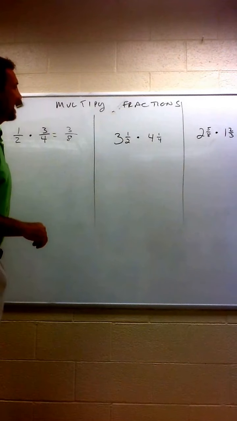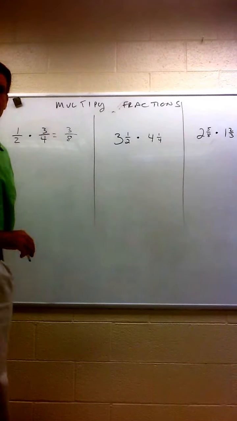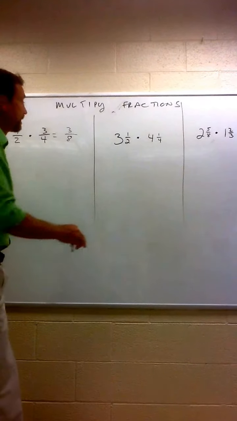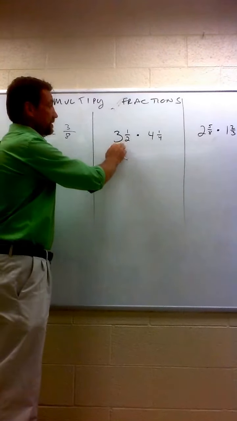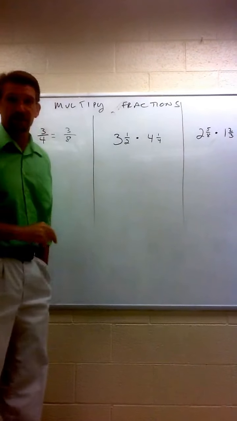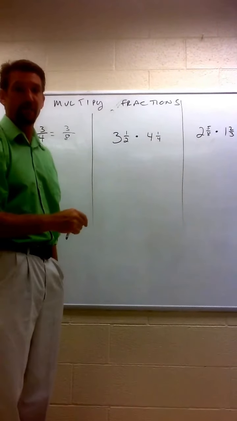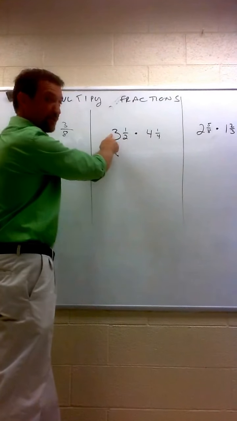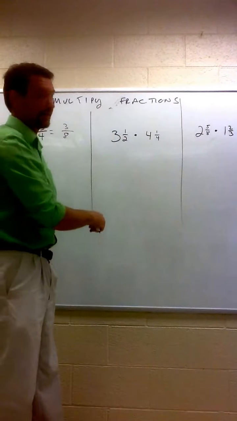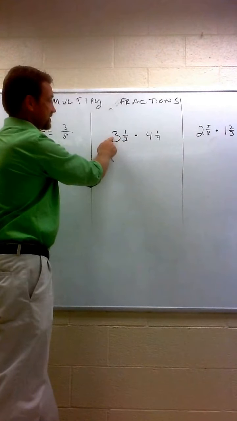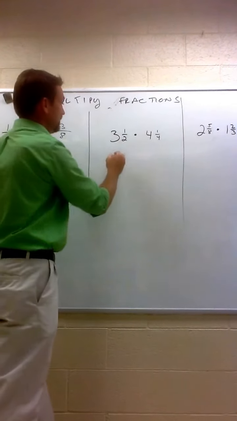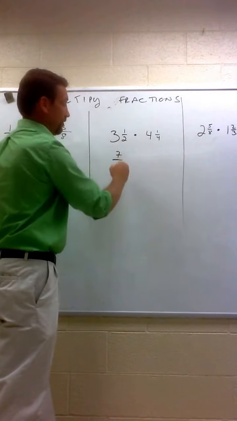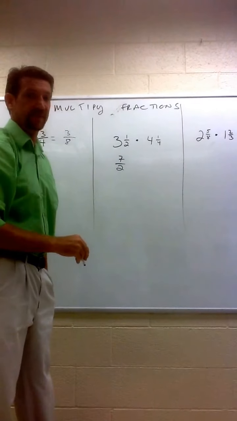All right, take a look at this next problem. We've got 3 1/2 times 4 1/4. On this one, we should probably first take these mixed numbers and rename them as improper fractions. Remember to do that. We take the denominator times the whole number and add the numerator. 2 times 3 is 6, plus 1 is 7, and we write it over the denominator, 2. 7/2.